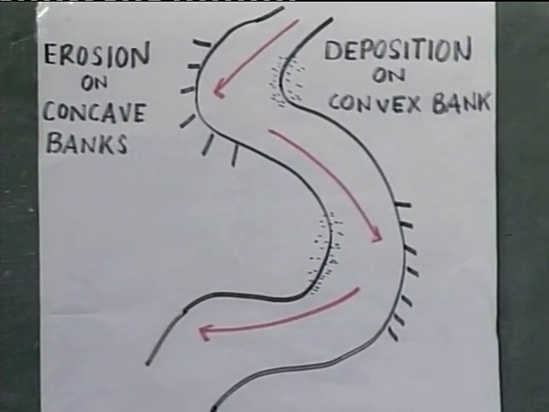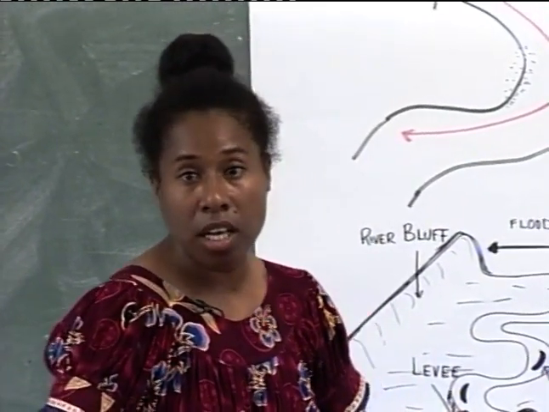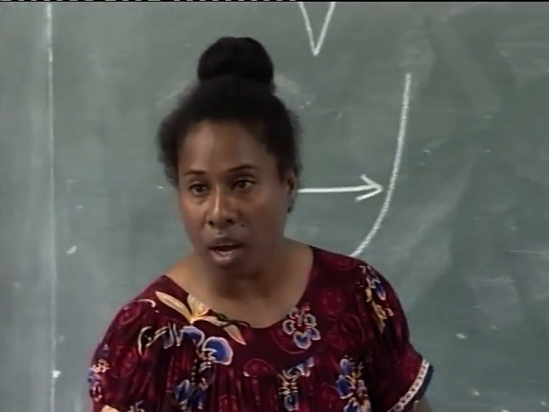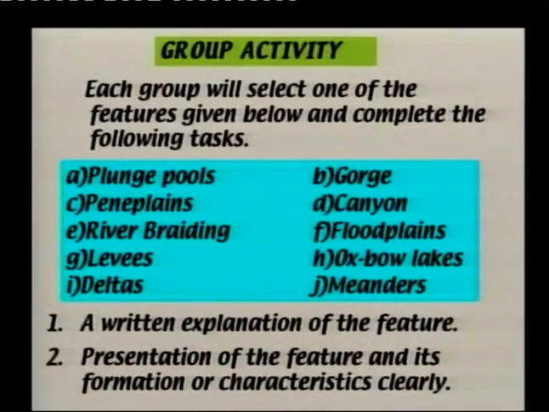If we have no questions, the next activity that I would like to assign. Remember, I mentioned something about giving an activity in which you will be working in groups. You are going to compile your information together, and you will also present the information that you would have compiled.